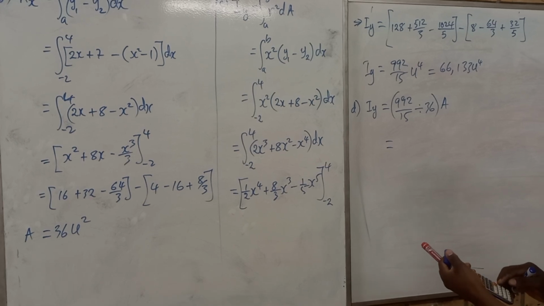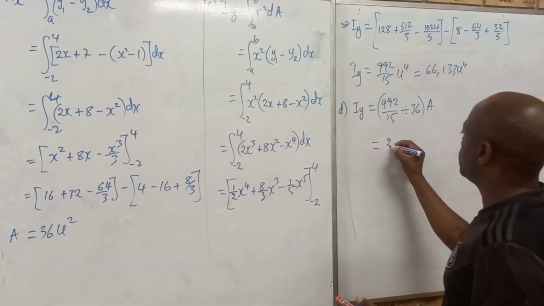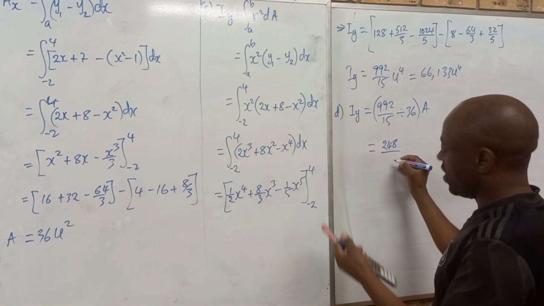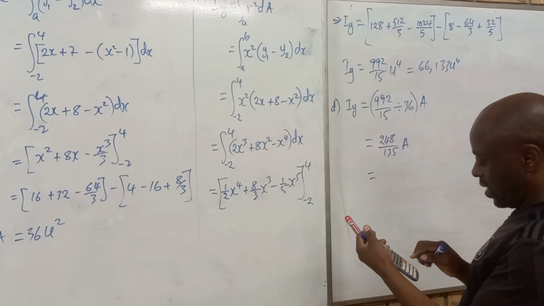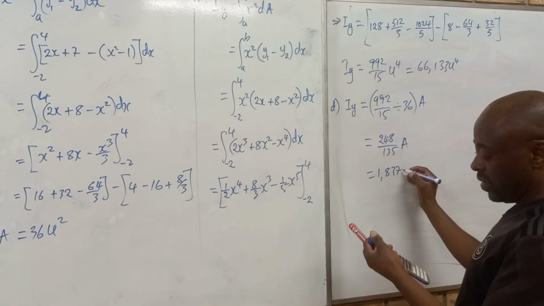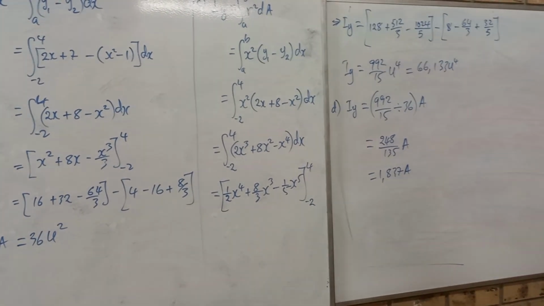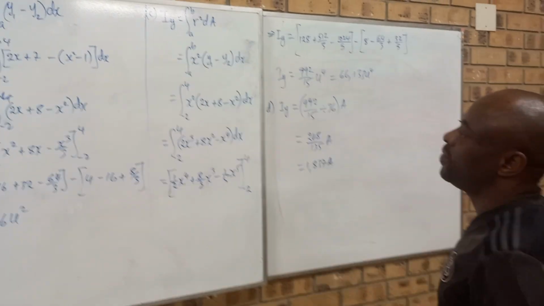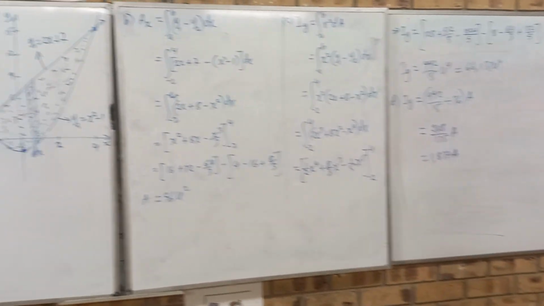So I'm dividing this by 36. That gives me 248 over 135 A. Or if you prefer it in decimals, you'll say 1.837 A. So that's how to calculate second moment of area and write the answer in terms of the area. Thank you very much.